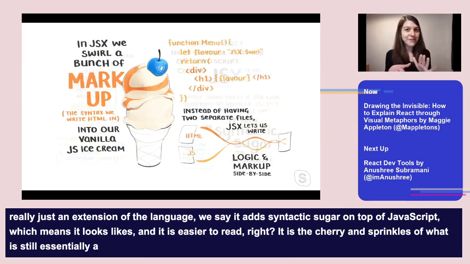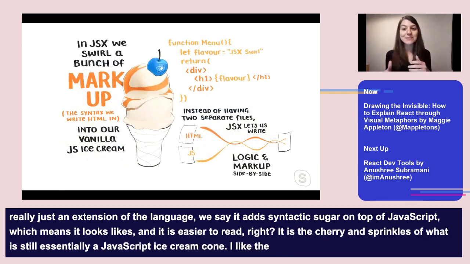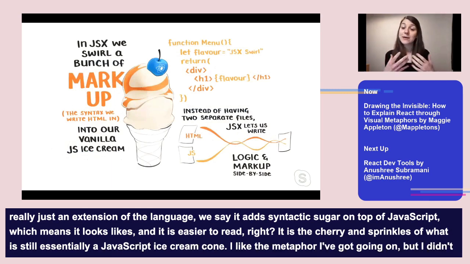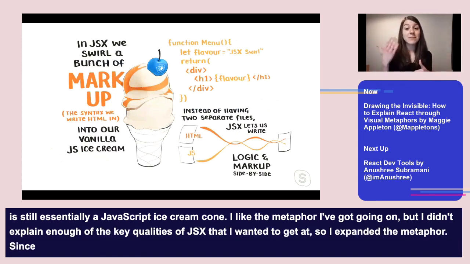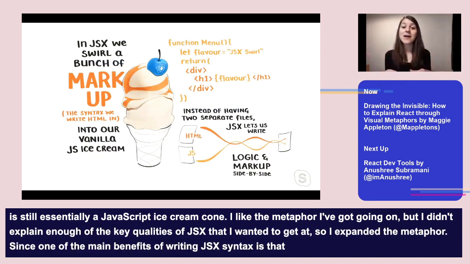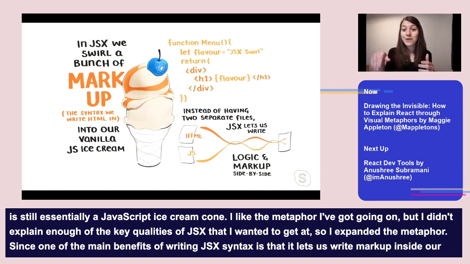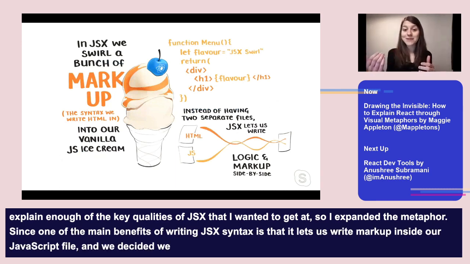So I liked the metaphor vibe going on, but it didn't quite explain enough of the key qualities of JSX that I wanted to get at, so I expanded the metaphor. Since one of the main benefits of writing JSX syntax is that it lets us write markup inside our JavaScript file, I decided we needed to swirl some markup ripple into our vanilla JS cone here.